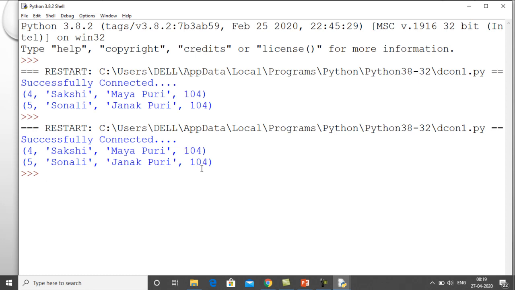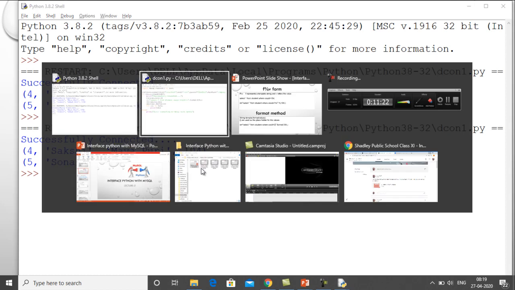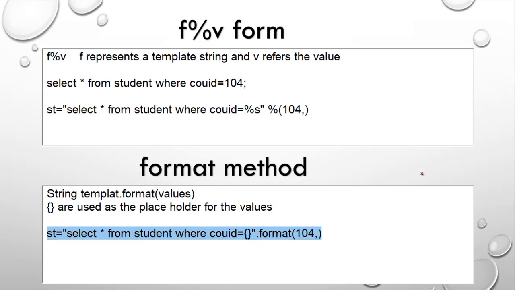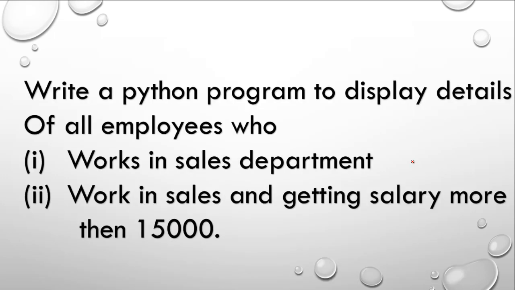All right, and now after that you have seen that we have two methods for this. One is the format method and the other one is the f-string form, right? So let us do some programs with this. The first program that we are going to do is: write a Python program to display details of all employees who work in the sales department, and along with that we have to do another program in which we have to show details of employees who work in sales and get a salary of more than 15,000.